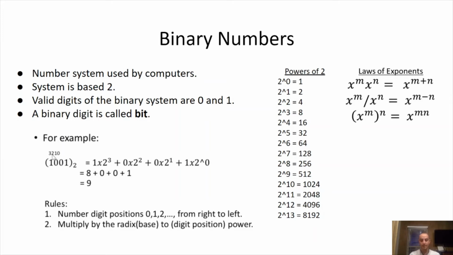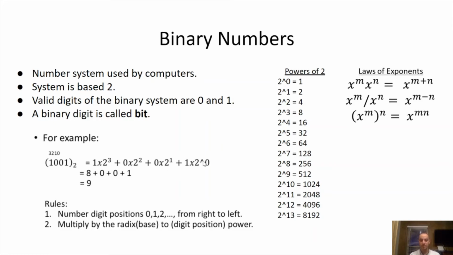Then the next thing is to calculate the value of each position. The first one is 1 times 2 to the power of 3, then 0 times 2 to the power of 2, 0 times 2 to the power of 1, and then 1 times 2 to the power of 0.